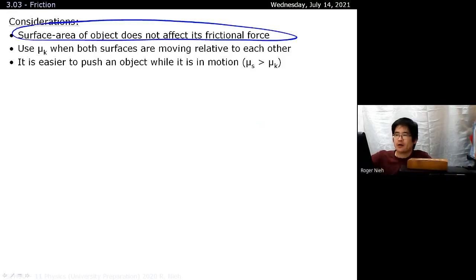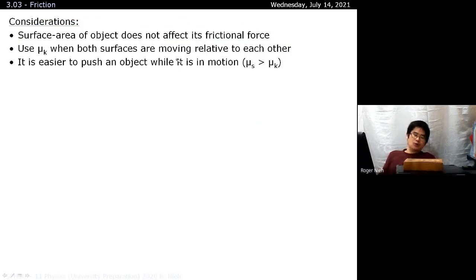And if you're wondering why that is true, it has to do with the distribution of this normal force. When I stack this block upwards like this, the surface area is rather small, but it's applying all that force into that smaller contact area. On the other hand, when I lay it out like this, it's spreading the forces over a larger surface area.